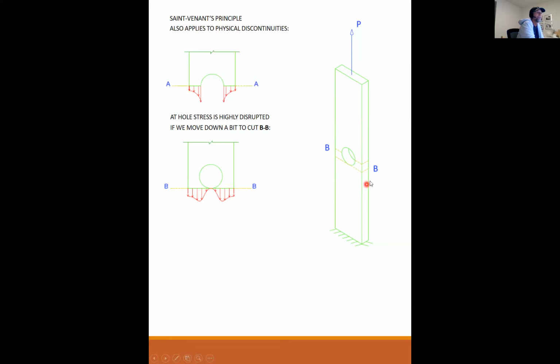If I go some distance away from this discontinuity, say at a cut CC down here, I am back to the stress being equal to P over A. So St. Venant's principle is that at some distance away from a disturbance, stress and strain are equal for equivalent loading.